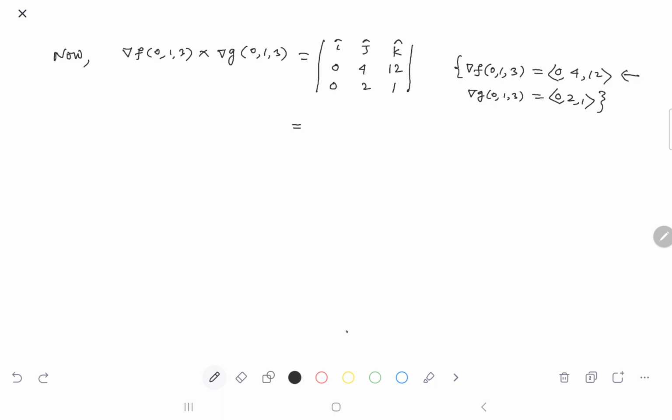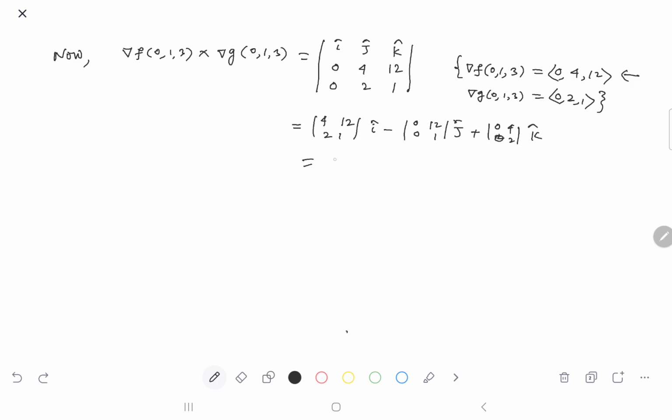So what should we get? Block the first row, first column, then you get the coefficient of i, which is the determinant 4, 12, 2, 1, times i cap. Then with a minus sign, block the first row and second column, you get 0, 12, 0, 1 times j cap. And plus, block the first row, third column, so 0, 4, 0, 2, times k cap.